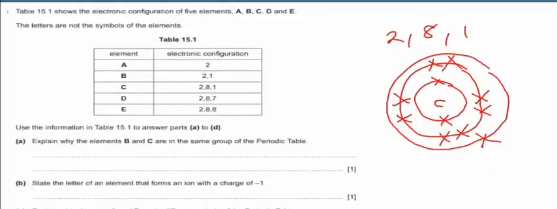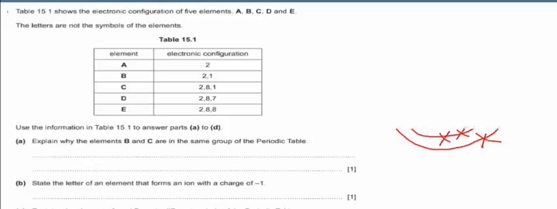So the number of electrons in the outermost shell determines the group, and the number of shells that an element has determines the period in which an element is found. So C is found in period 3, because here we have how many shells? We have 3 shells. We have 1, 2, 3. So C is found in period 3 because it has 3 shells.